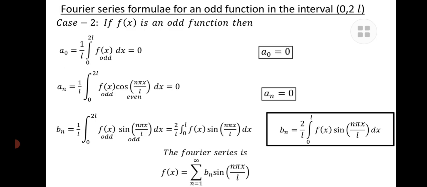Coming to the bn value, 1 divided by L integral 0 to 2L f of x sin n pi x divided by L dx. Here the function is odd and sine is also odd.